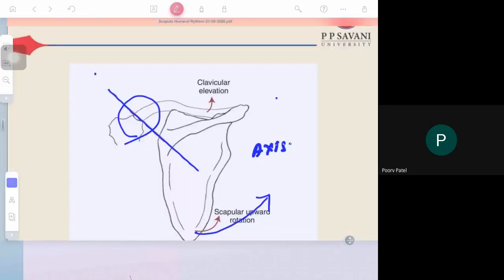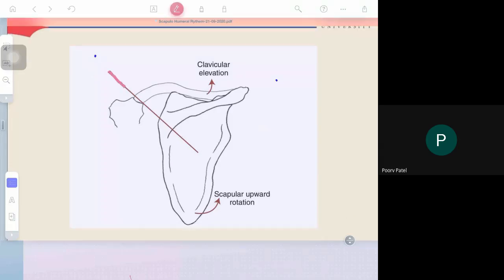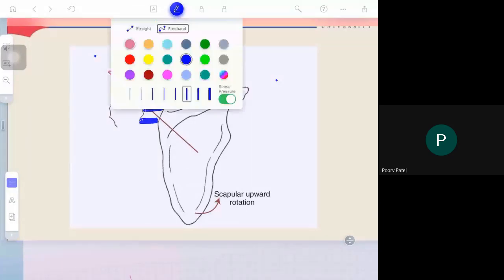This is the posterior view. From the anterior, the axis passes like this. And here is the ligament, the costoclavicular ligament. This is the first rib, second rib. So this is the axis you are going to study now. Clear?